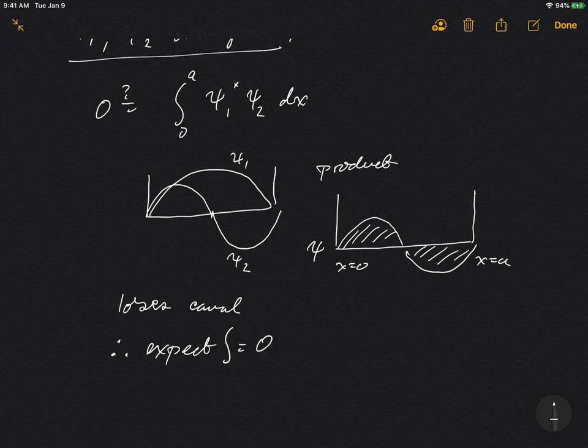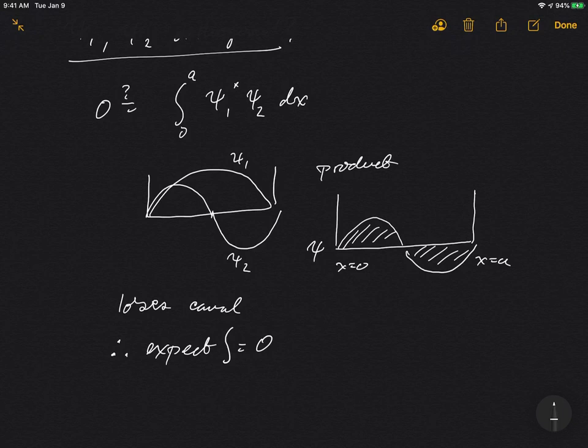Similarly, we can make a related argument that all products of odd-numbered wave functions and even-numbered wave functions will give a 0 integral, because you'll have some negative lobes and some positive lobes, and they'll cancel out.